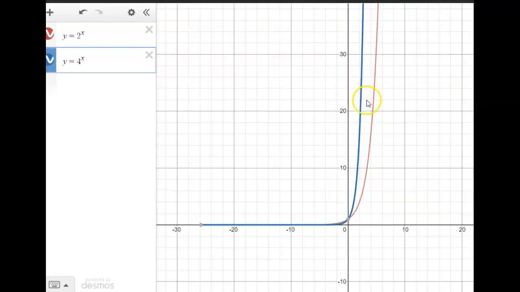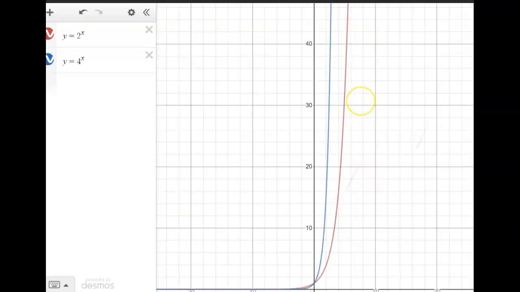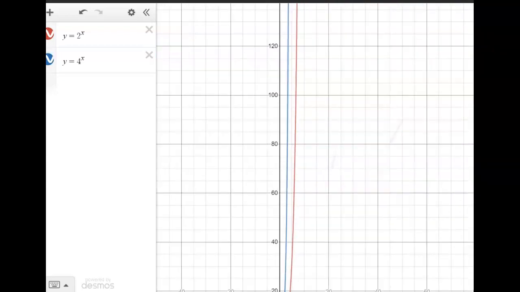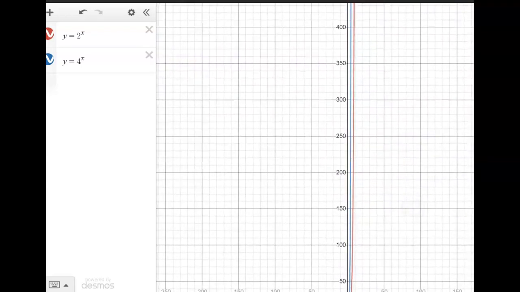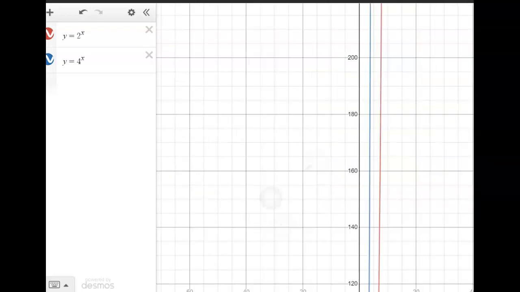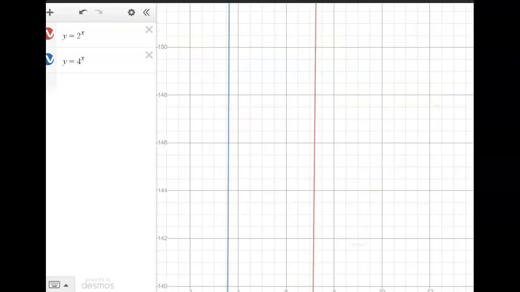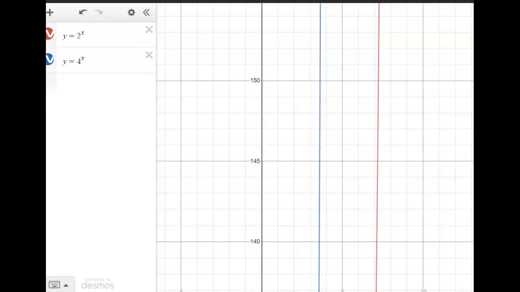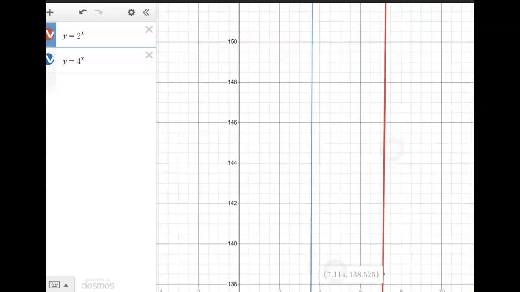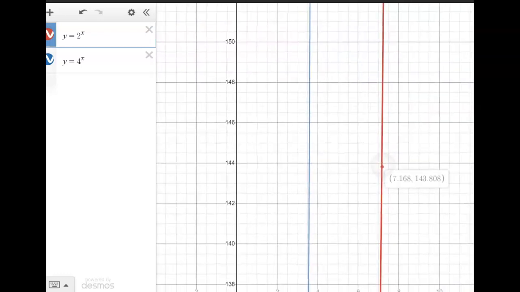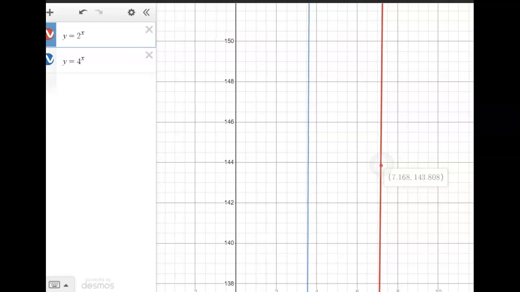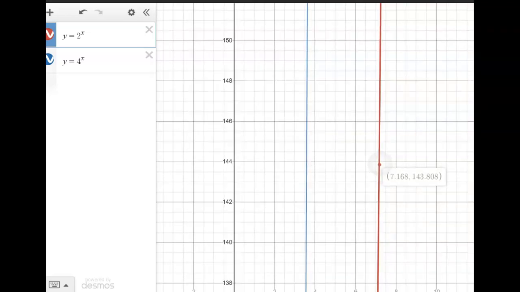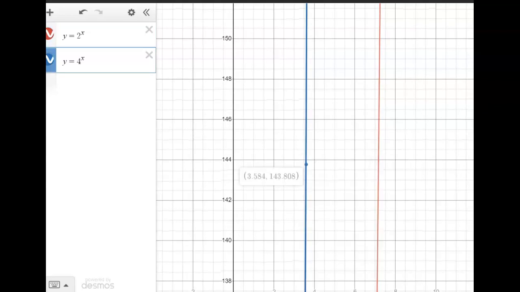And if I keep zooming out, you could see how the gap gets bigger in how much one is increasing compared to the other. You could see there the value is 7.168, and for that y value, the other one was about 3.58.